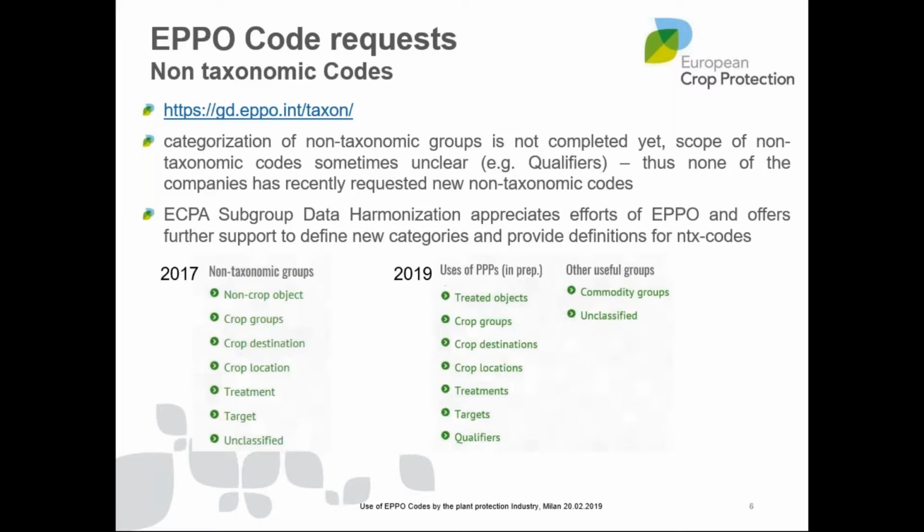From an earlier presentation, I still found this screenshot from 2017 with the old crop groups or non-taxonomic groups, and then how you see it right now, as also Valerio has shown. So you can see there has something happened, and we are happy about that.